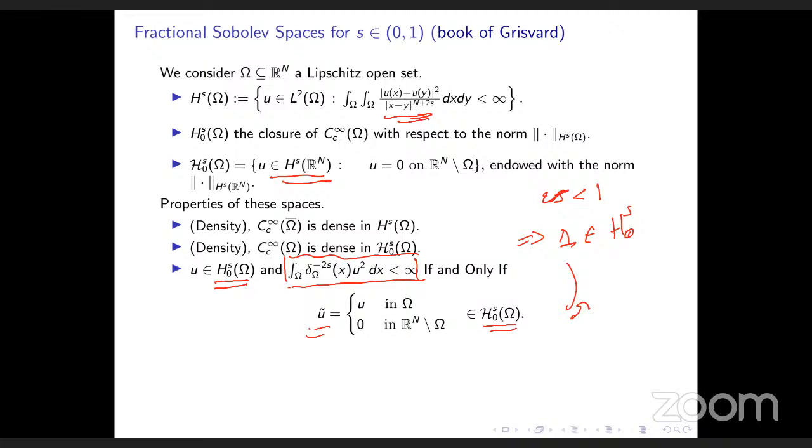As a consequence, if I extend the characteristic function, it belongs to calligraphic H^s_0(Ω).